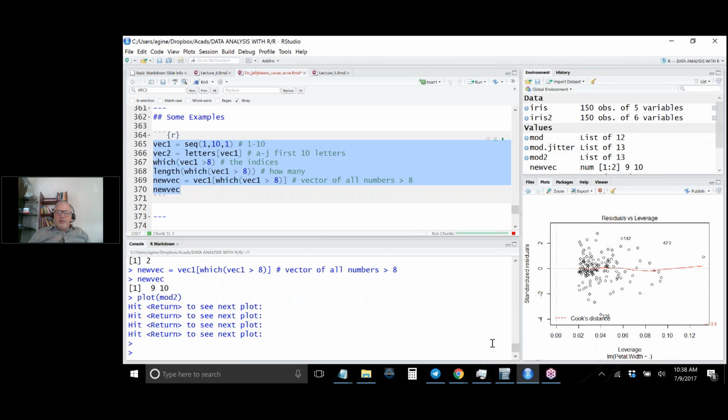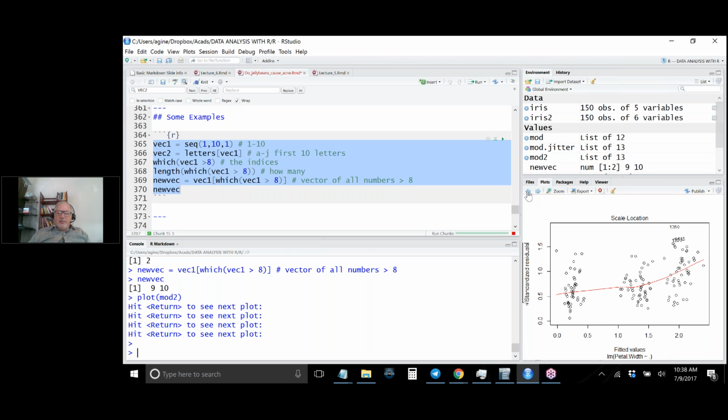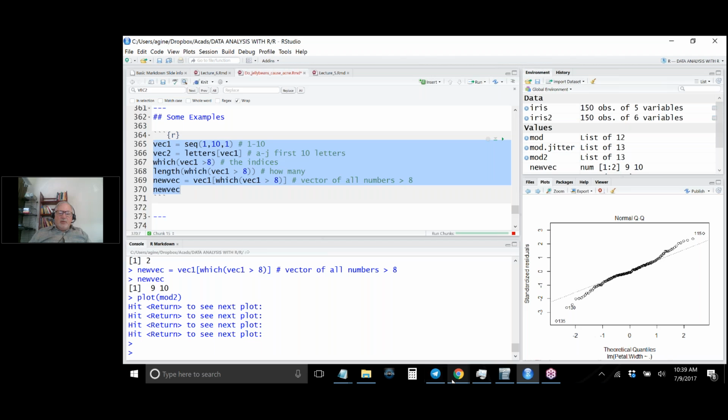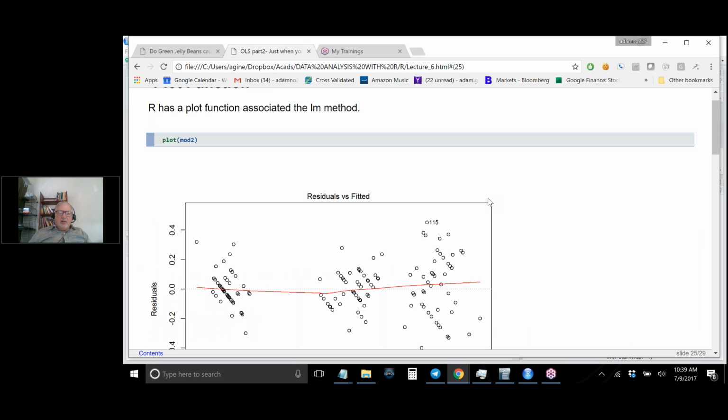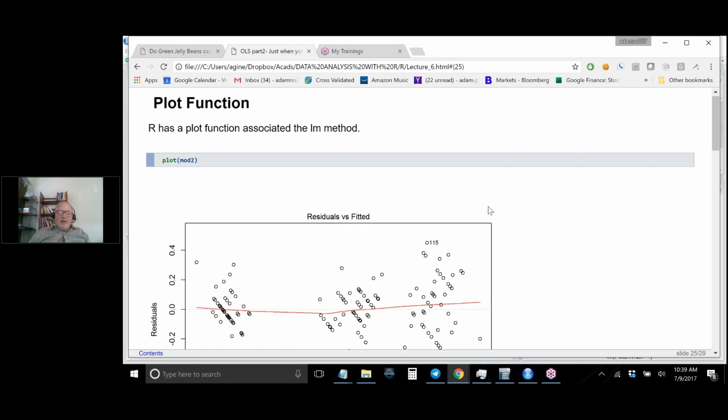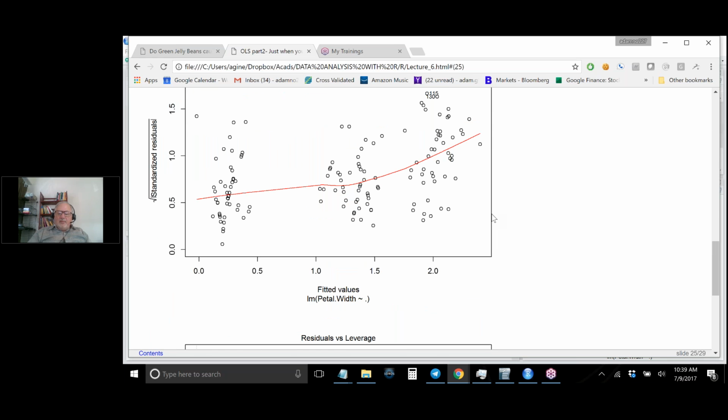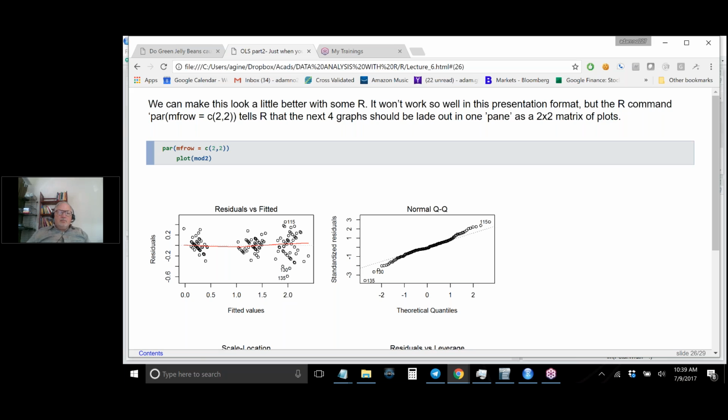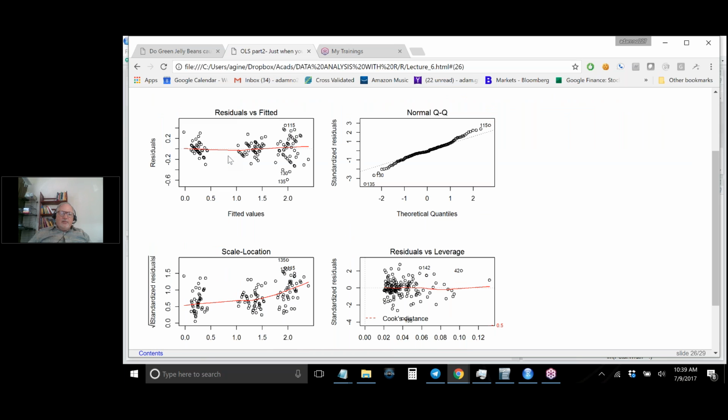Of course, if you're in RStudio, it's not so bad because all the models are saved, but you can't see them all at once. However, there's a nice function, par for parameters, and you say par mfrow equals c of 2, 2, it says take the 4 plots and print them all together, 2 rows and 2 columns, and it works for anything. And then if we do that, we get all 4 nicely like that.